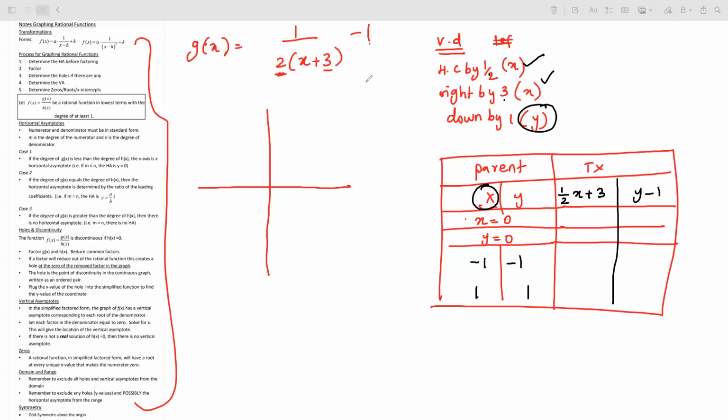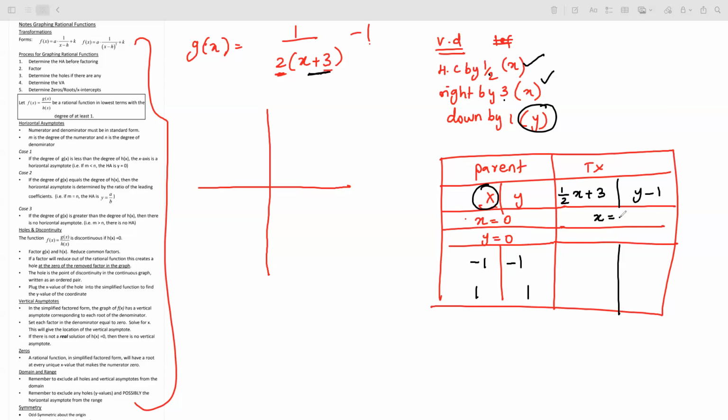What are the horizontal and the vertical asymptotes? X moved left by 3. So what happened to the vertical asymptote? Anybody, guys, please? The vertical asymptote is 3.